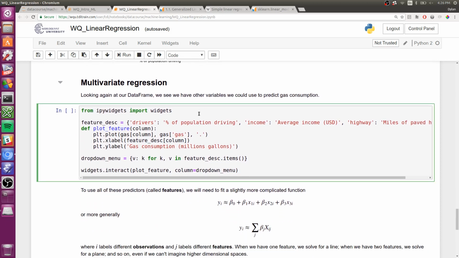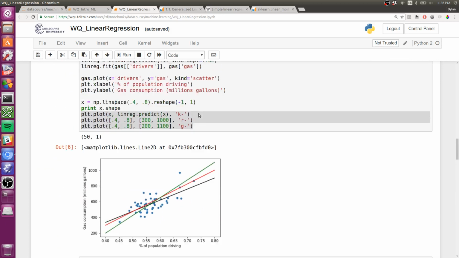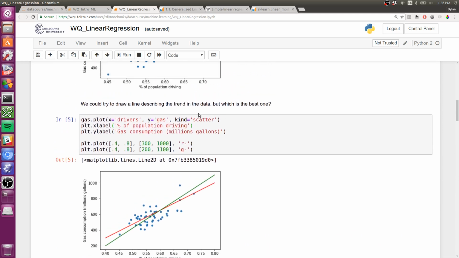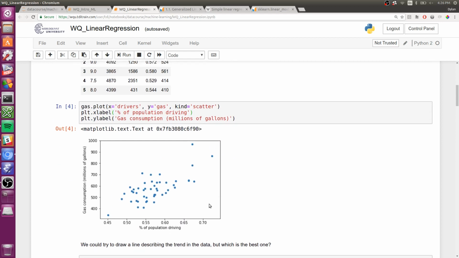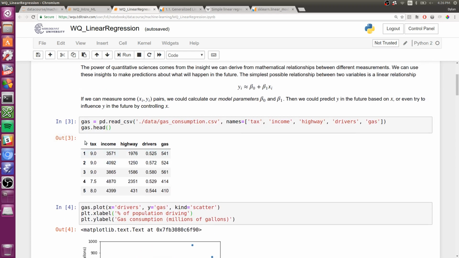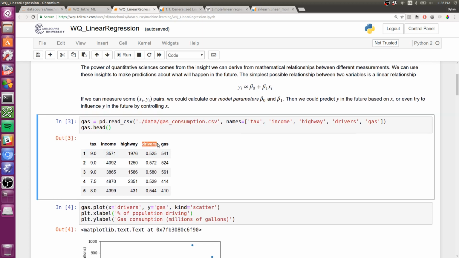So, this whole time with this example, we've been working with just one variable from the data set, percent of population driving. But it's in general very difficult for a municipality, some city, or a region to control the percent of the population that drives.